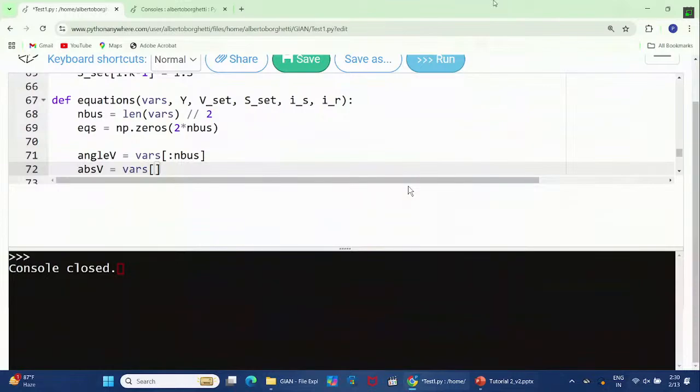We know that, saying that n_bus is 2, the first are element 0 and element 1, that are the angles. And then in the second instruction we put 2, so we put 2 until the end. The end is 3, because Python starts counting from 0. So it is n_bus until the end.